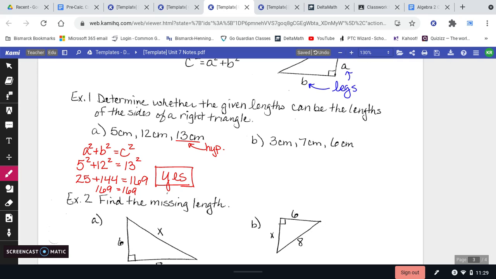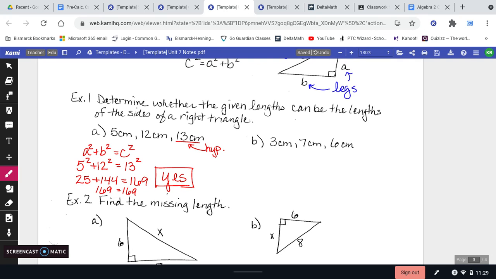We're going to do the same with B. We have 3, 7, and 6 centimeters. Well, 7 is the longest, so that is what our hypotenuse is going to be. Don't just assume the first two are my legs and the last one's my hypotenuse. You want to pay attention to which one is the longest side. So this would be 3 squared plus 6 squared for my legs equals 7 squared for my hypotenuse.